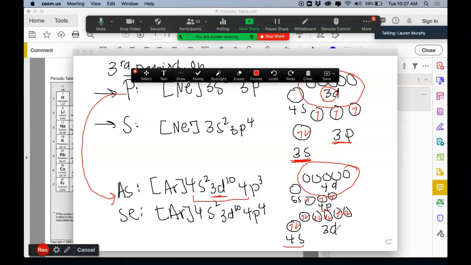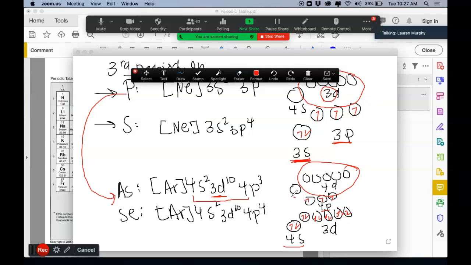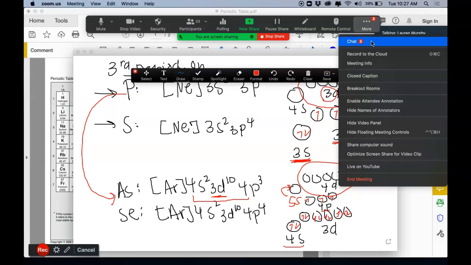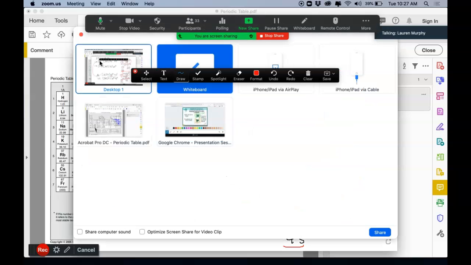So this is 4s, 3d, 4p. Oh, that's a 5. Sorry, that's a 5s, because after 4p is 5s. Sorry, it was kind of a little messy. So 5s right here. Okay, so let's get back to the notes.